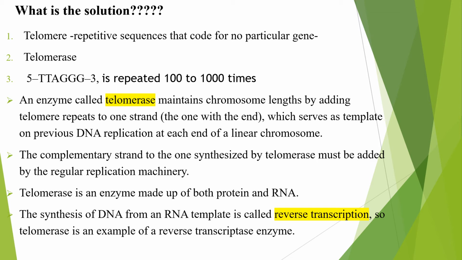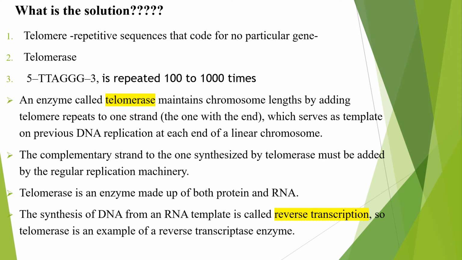We got the activity of polymerization, which is provided by the protein component, and the primer, which is provided by the RNA, which is there in the telomerase itself. So now if you see here, it is utilizing RNA to produce DNA, and that process we call reverse transcription, right?